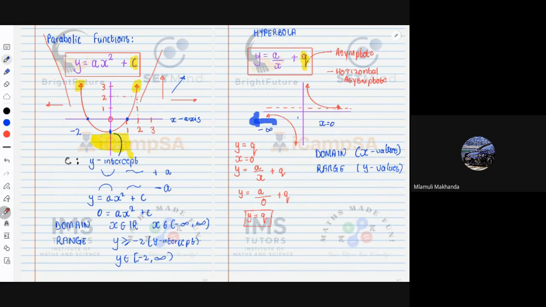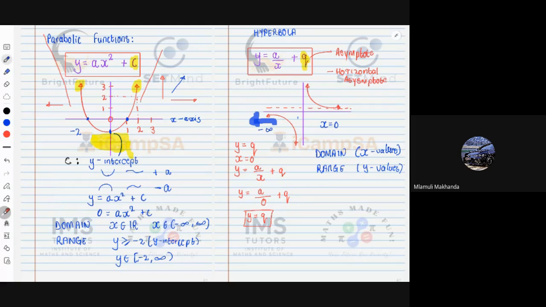We do have our vertical asymptote for this hyperbolic function. So this hyperbolic function doesn't touch the y-axis, where x is equal to 0.